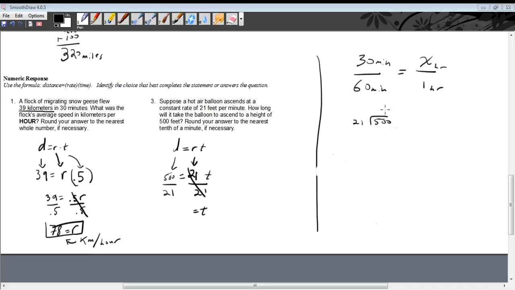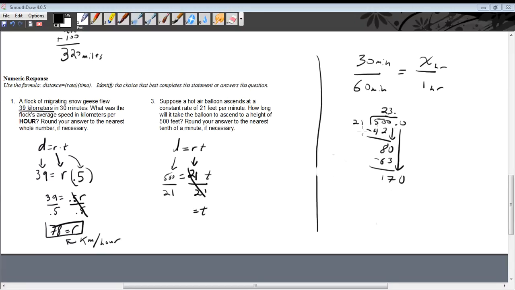Well, 21 goes into 50 2 times. It's going to be 42 minus 8. Bring down the 0. So I'll add a decimal point here.